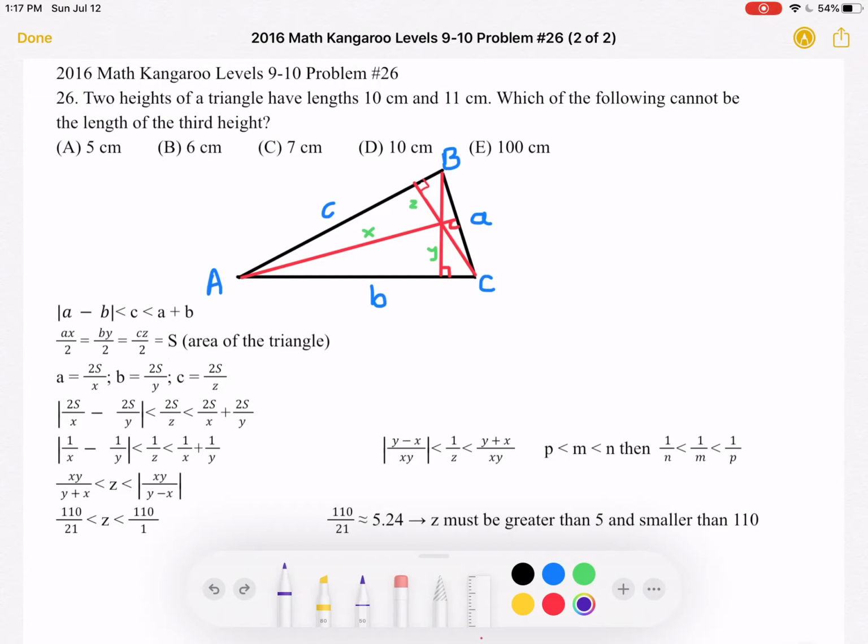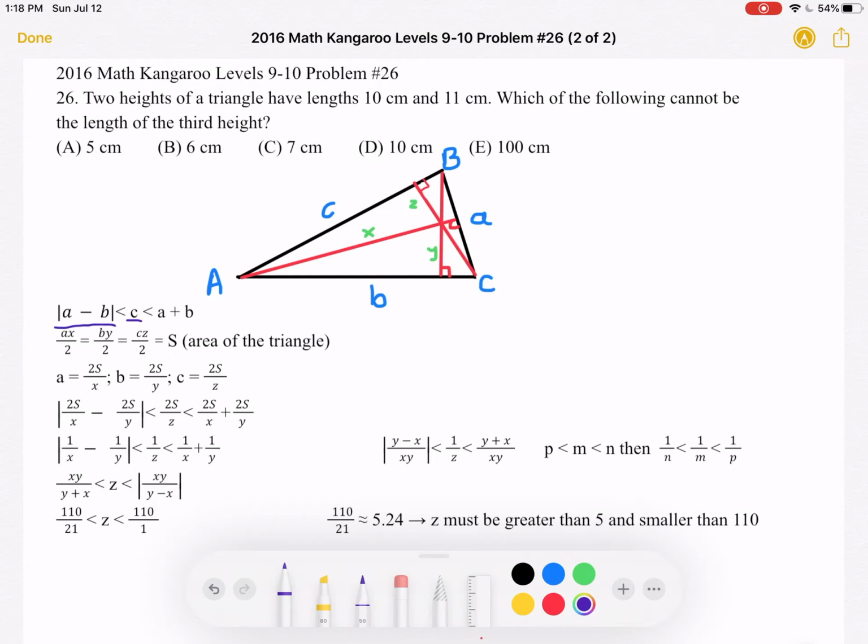So what do we know about the lengths of the sides of a triangle? Well, for, let's say, side c, we know that side c must be greater than the absolute value of the difference of the other two sides, so the absolute value of a minus b.